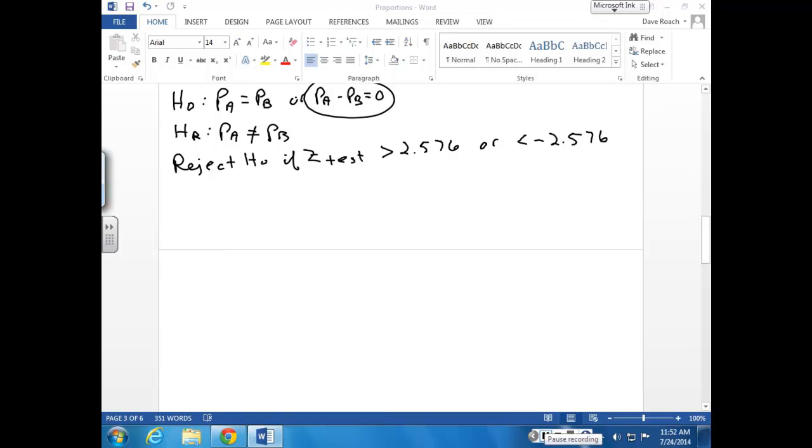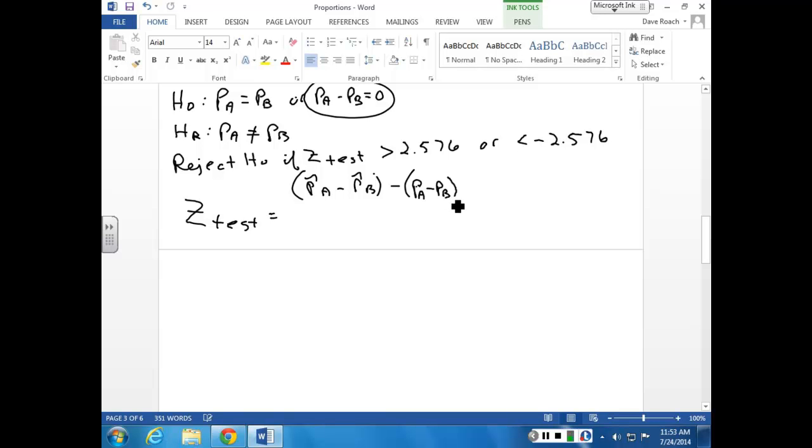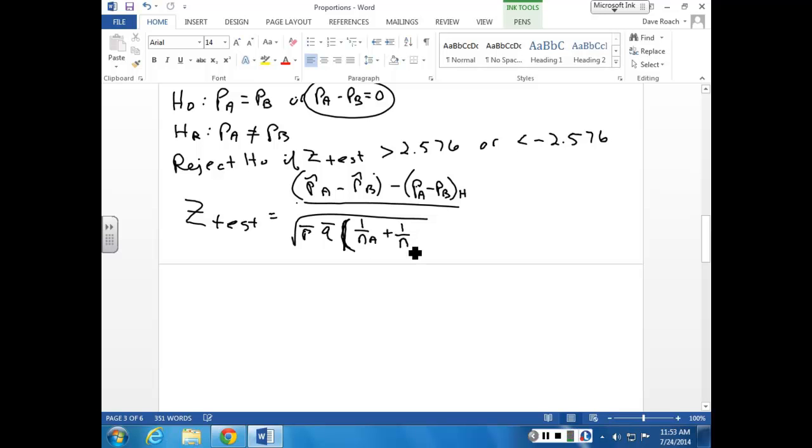Our z-test is equal to the statistic p hat A minus p hat B, minus the hypothesized proportion PA minus PB hypothesized, over the standard error, which is the square root of P bar Q bar, that's a parenthesis there, 1 over NA plus 1 over NB.